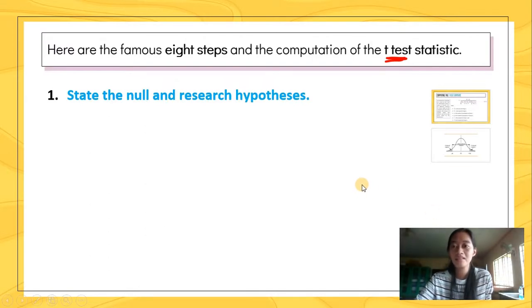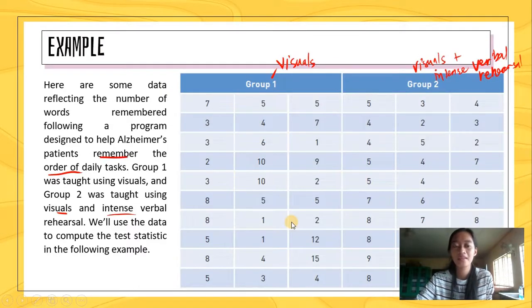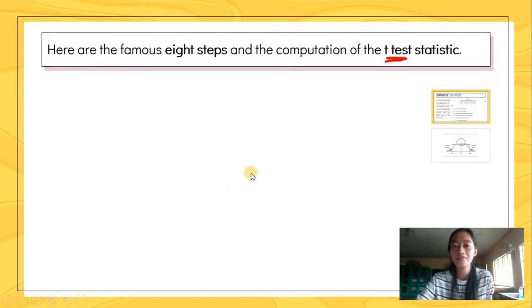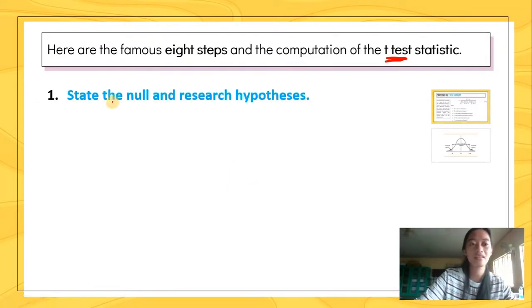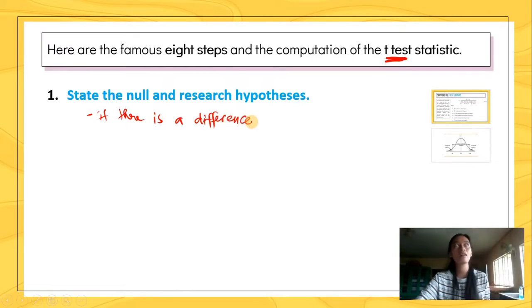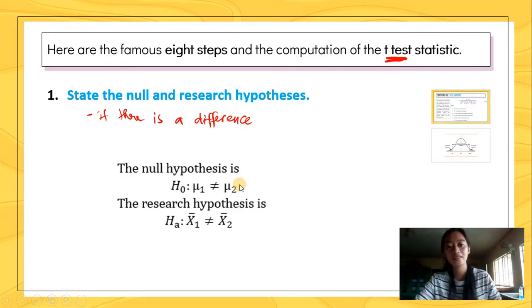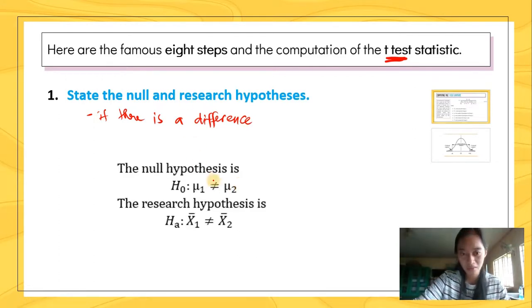Okay, we want to check if there is a difference. So just to ask if there is a difference, you can now state your null hypothesis as there is no difference. Ay, nasayop. Oh my goodness.